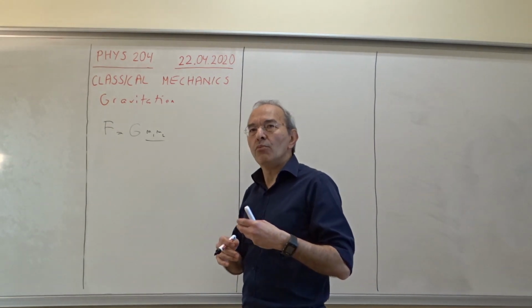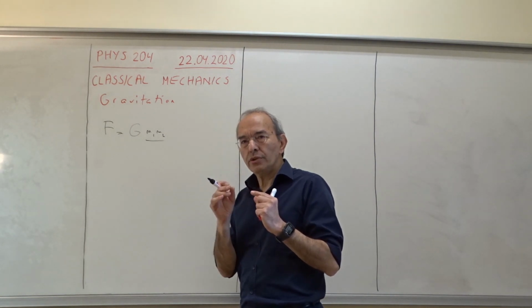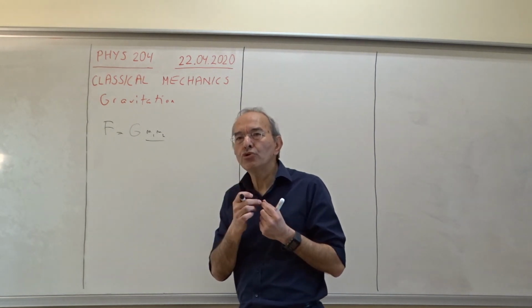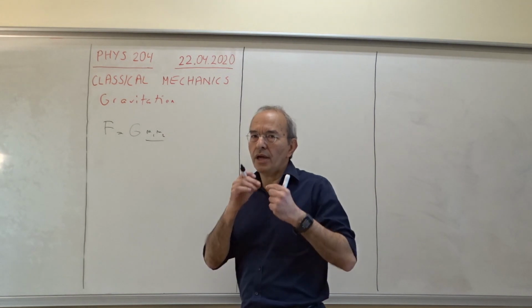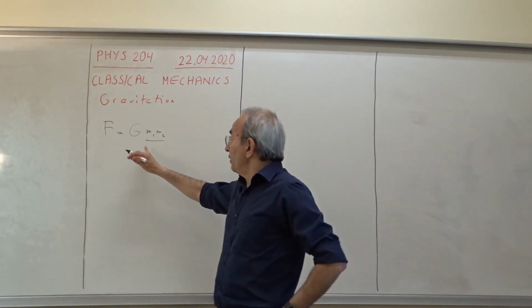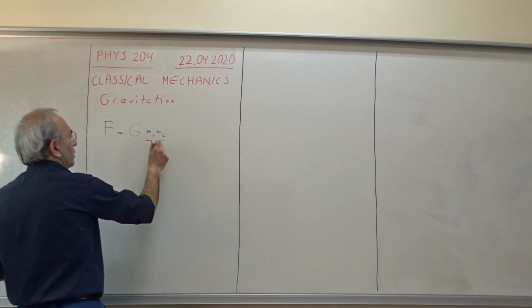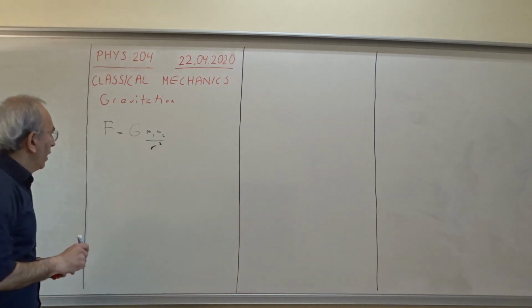Even if there are more than two objects, we find the resultant force by taking into account the mutual interactions: M1 with M2, M1 with M3, etc. So M1 M2 divided by the distance between them squared.